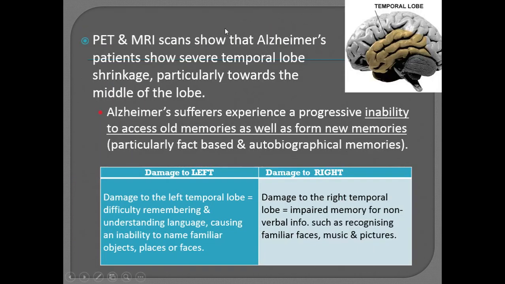We also have some more data. People with Alzheimer's disease have temporal lobe shrinkage, which means it doesn't work as well. People with Alzheimer's disease often suffer from an inability to access old memories and some difficulty in forming new memories. Again, this links in with the idea that the temporal lobe must be involved in these two concepts.